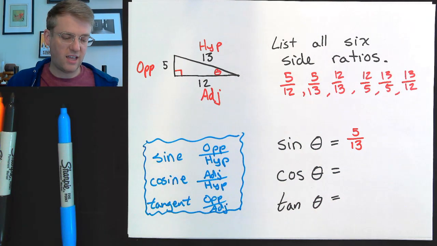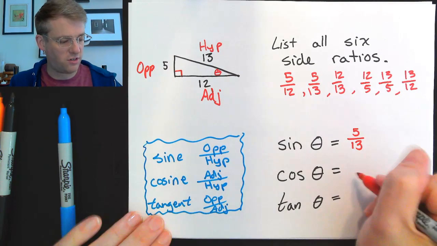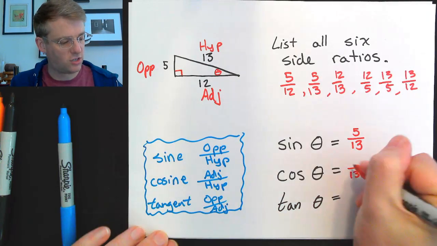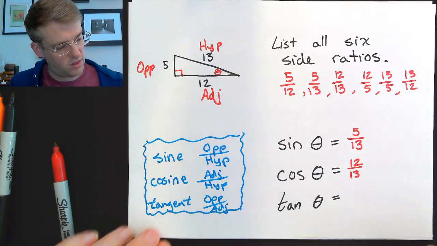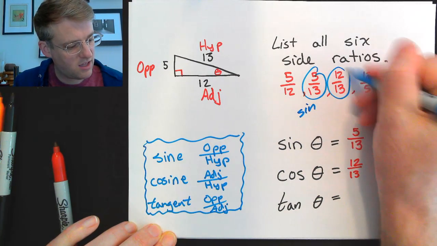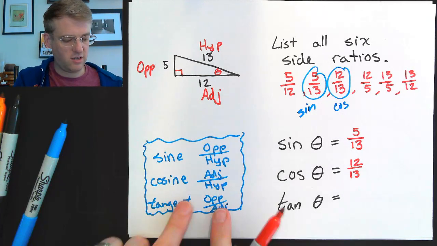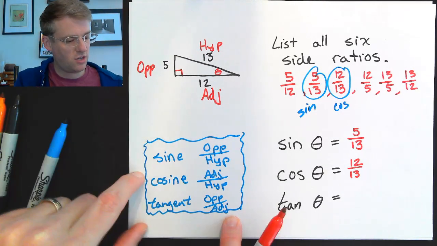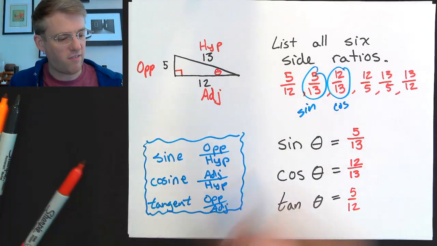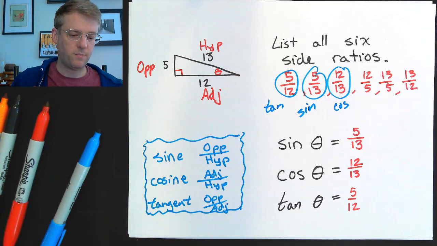The cosine of that same angle is the adjacent side over the hypotenuse. The hypotenuse is still 13, so that's the denominator, but the adjacent leg is the 12. So looking at our list, this is the sine, this is the cosine, and the tangent is opposite over adjacent, which is going to be 5/12, which apparently I have a habit of writing first when I make my list.